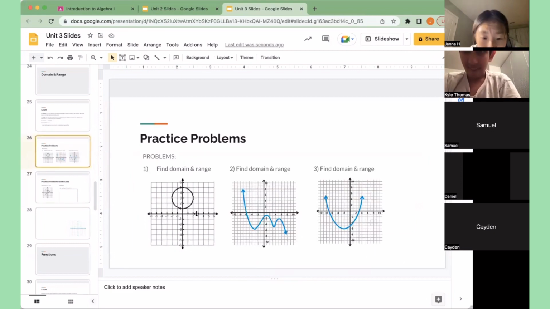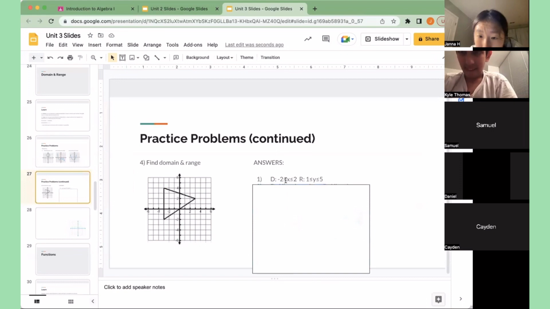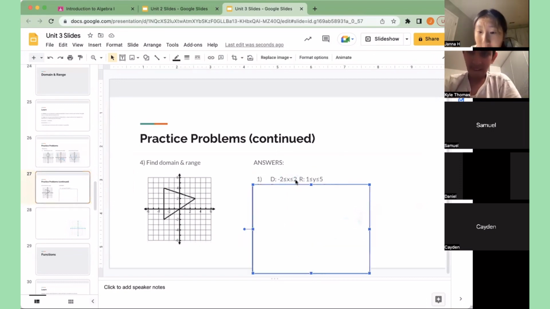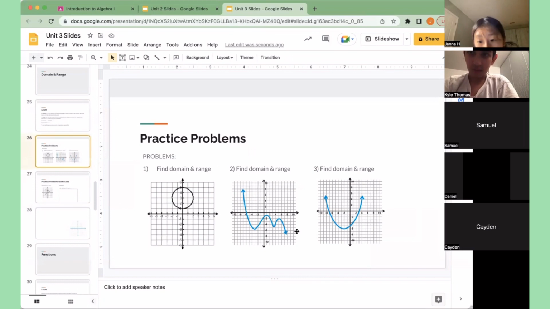Like I said, it was 2 and negative 2, so x is between these two, and can also be negative 2, and it can also be 2, so it's less than or equal to, not just less than. And then range, again, it was 1 and 5, and so there's that inequality. Okay, why don't you guys do number 2 and type in the chat your answers.